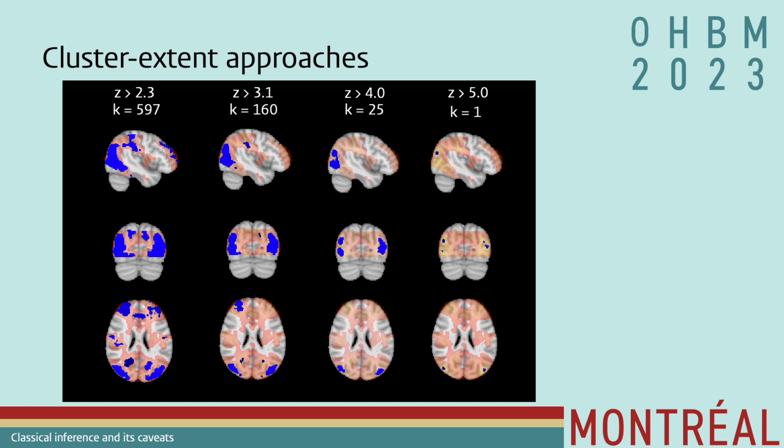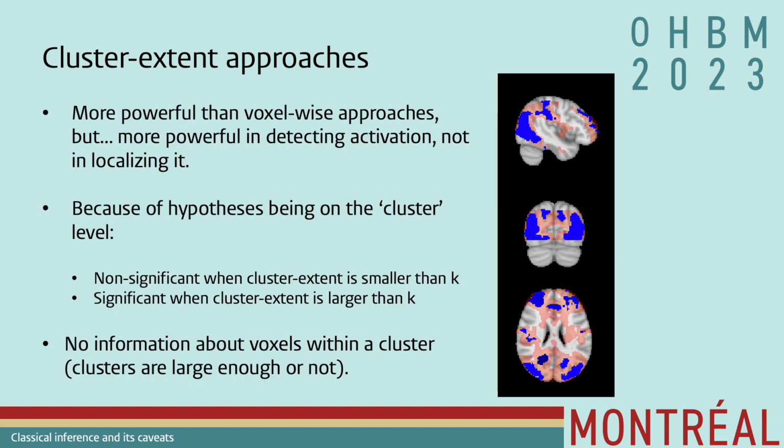So there's a trade-off between the threshold and the cluster size. A higher threshold has a lower K value associated with it, but of course you find fewer or smaller areas of activation. Cluster extent approaches are more powerful than voxelwise approaches, but they are more powerful in detecting activation, not necessarily in localizing it.